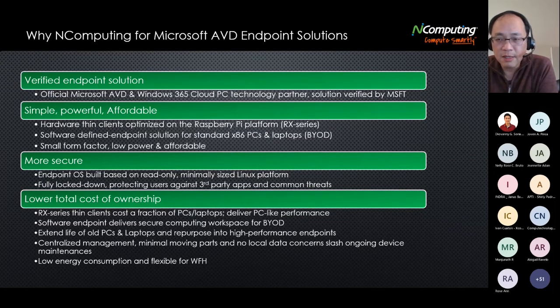And then if we look at the ongoing maintenance costs, it is a big part that I think we really have to educate our customers to understand. What I mean by the maintenance cost is when you deploy, how do you onboard new users with the AVD endpoint solution? And for those new users, how do you provision those devices so that each different user has different functionalities, different applications?